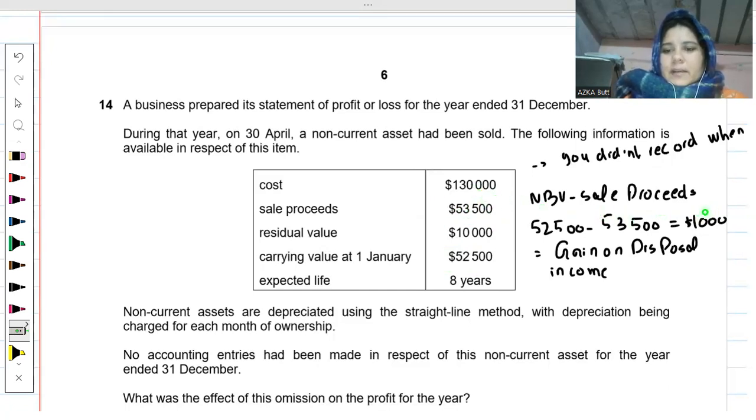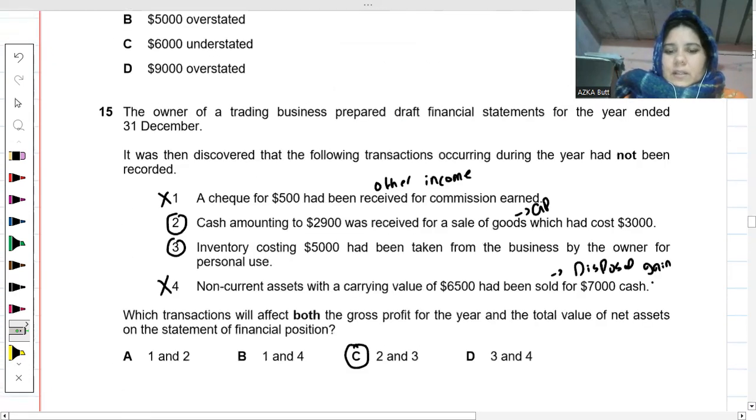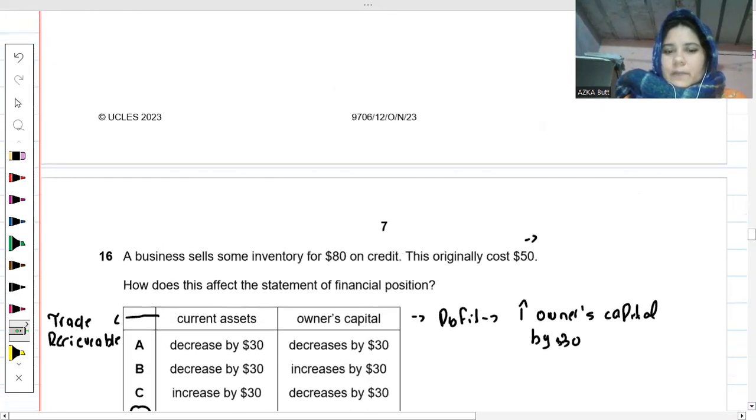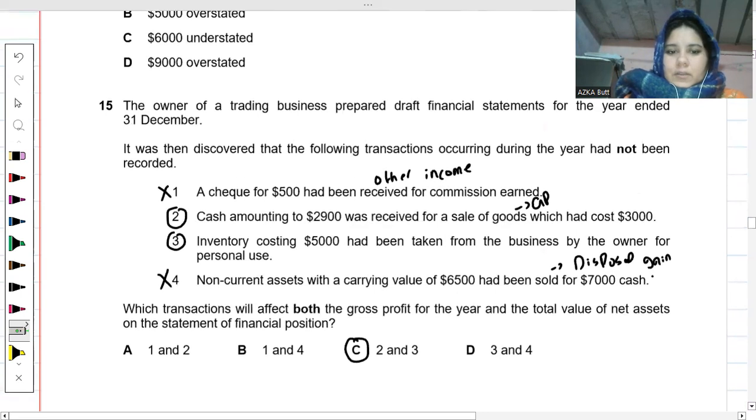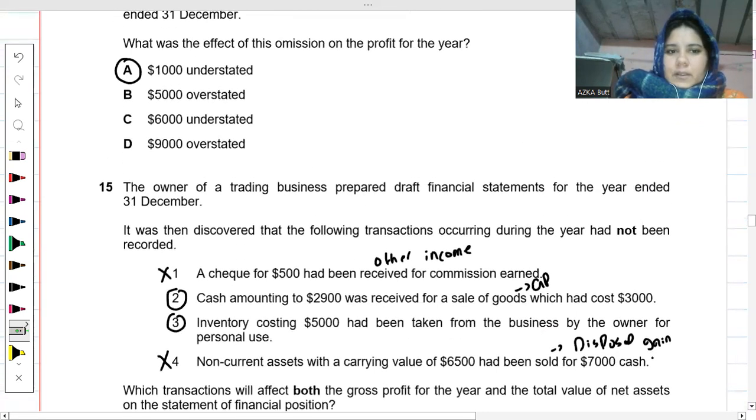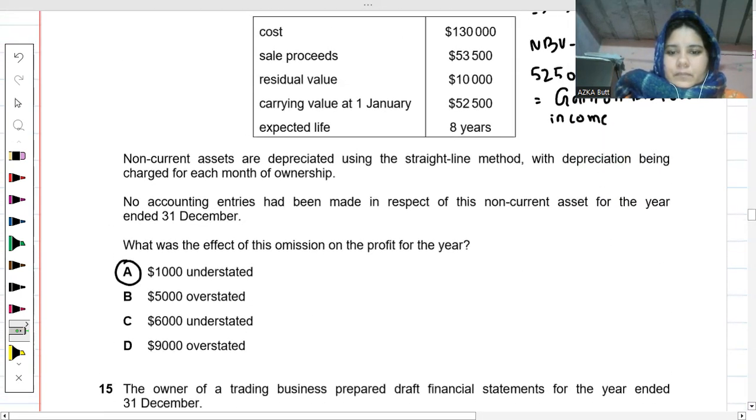It means that we have earned a gain of $1,000, and we didn't record this amount in our income statement. Of course, if it is a gain, it can increase our profit. So if we are not recording it, what does it mean? Your profit would be understated by $1,000.